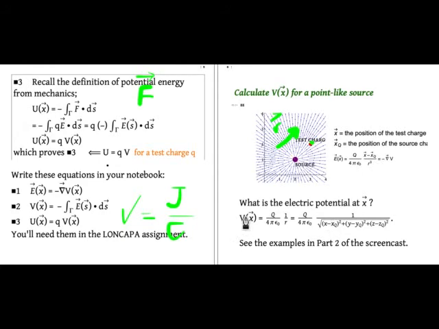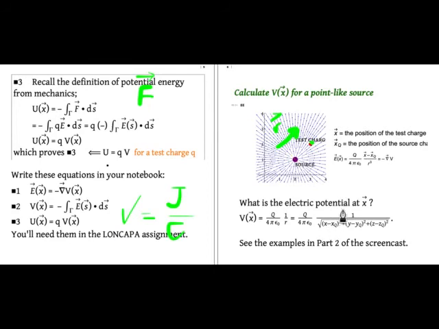For example, if I take the derivative with respect to x, well, I'll have the derivative of the square root of x minus xq squared plus and so on. So that'll be minus 1/2 times 2 times x minus xq divided by x minus xq squared, etc., to the 3/2. The 2 will cancel the 1/2.